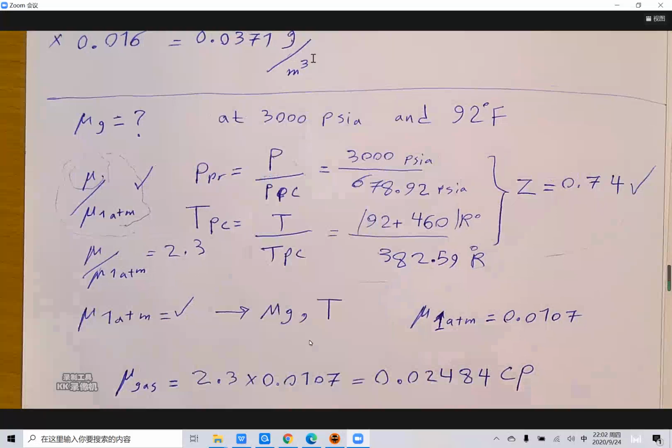Can I ask you something? Can you just repeat how you used the first chart? You have the molecular weight on the x-axis, and I think that's independent of the pressure. That will be the 19.49 that we calculated at the beginning, isn't it? Yeah, let me share it. You mean this one? Yes, that one.